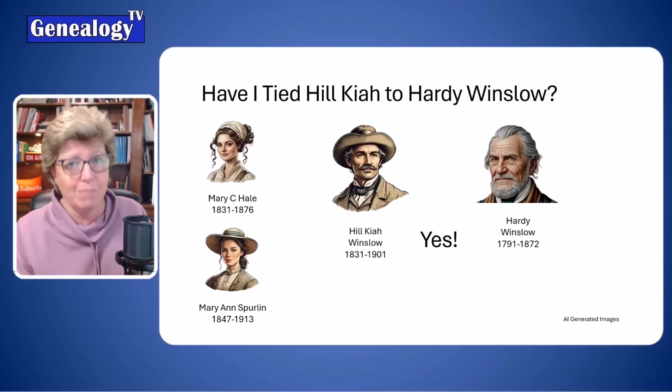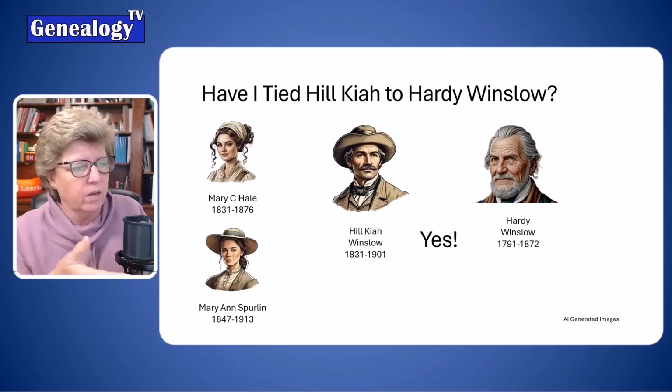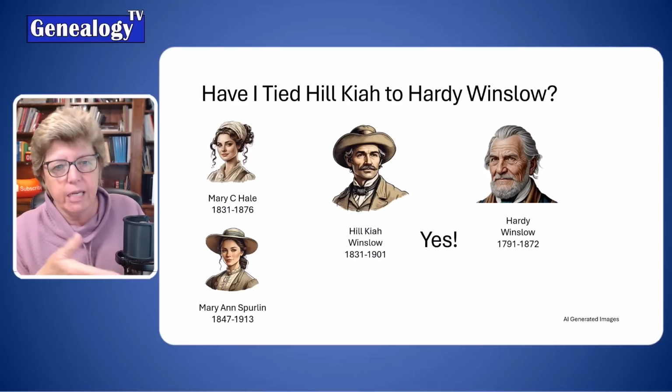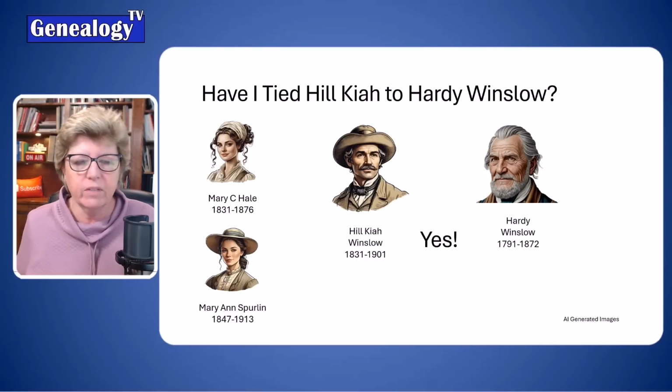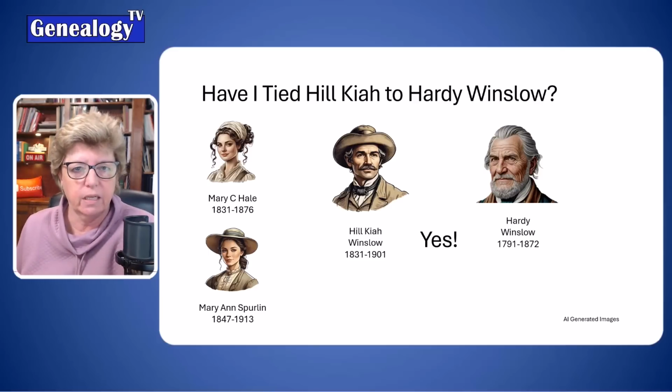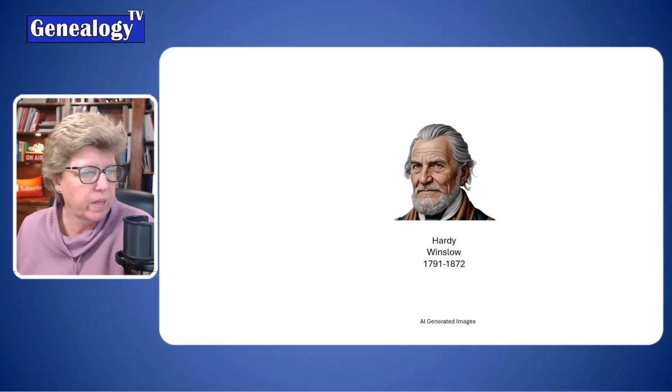Both of them are going by Mary Winslow. And so I'm like, wait a minute, one died. What happened? So until I found the other marriage record for the other Mary Ann Spurlin, then everything started to fall into place. And no wonder he had so many children.